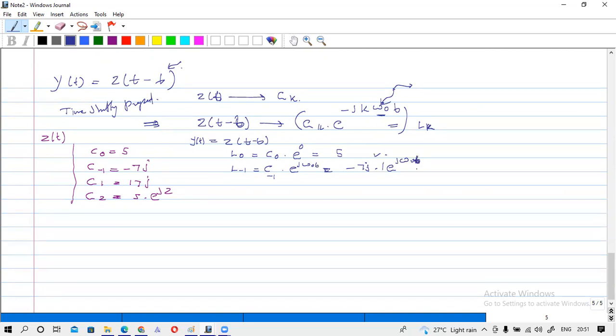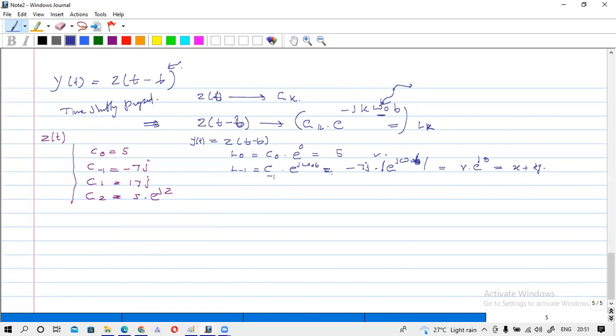So this is a constant, because here it is 6. You can further simplify this and express it in polar form, or as x plus jy in Cartesian coordinates.